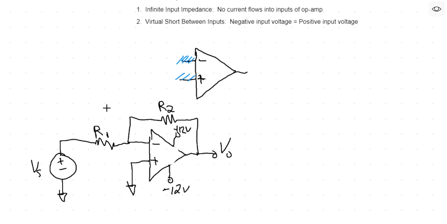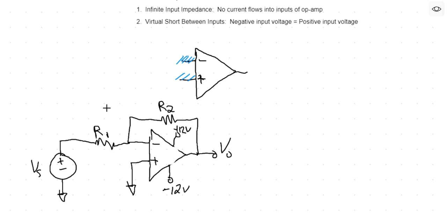Whatever voltage this is, VS, let's say VS is 1 volt, and let's say we designed the gain of this whole stage to be 10.